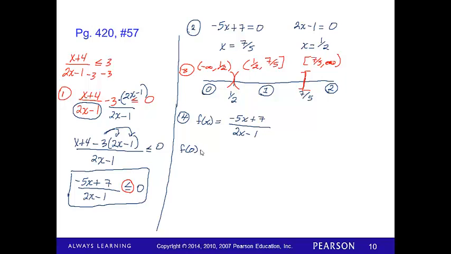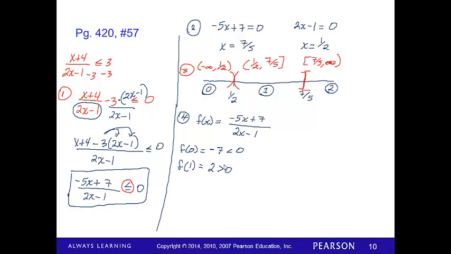So when you plug 0 in, you should get negative 7, which is less than 0. And when you plug 1 in, you should get 2, which is greater than 0. Now, of course, let me verify that with my handy-dandy calculator.